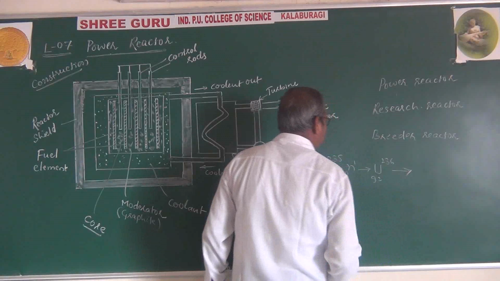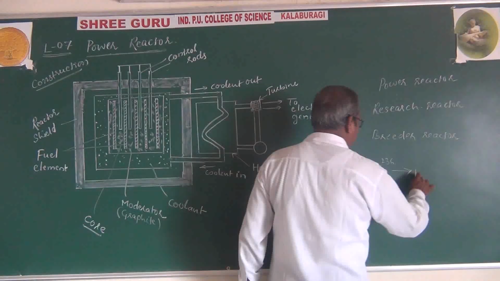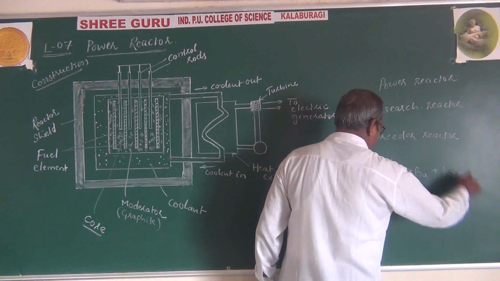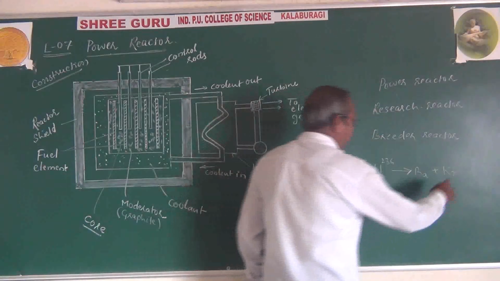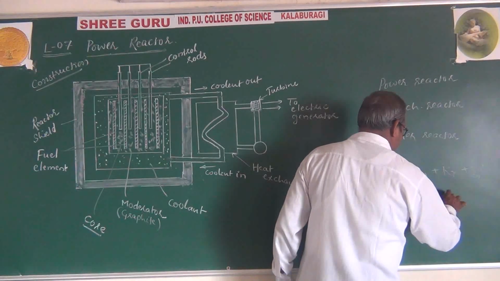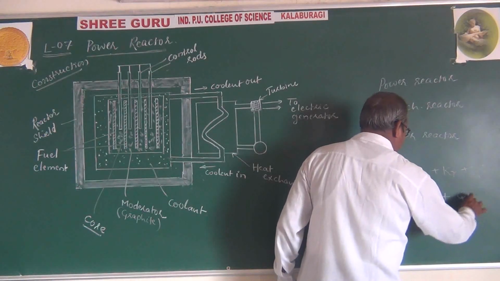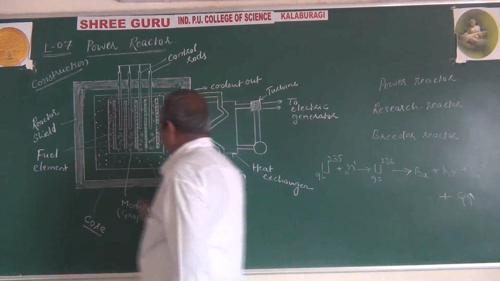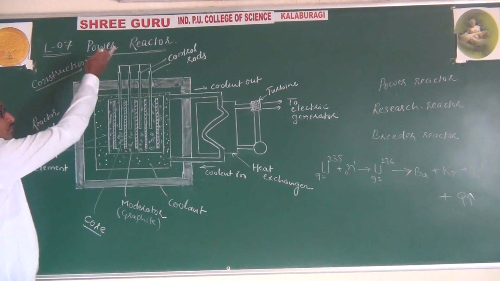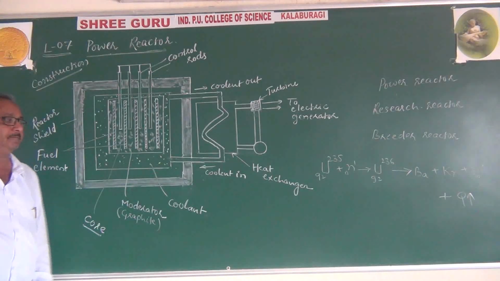Now it splits up into two light nuclei, for example barium and krypton, plus a few neutrons. For example, 3 neutrons will be released along with an enormous amount of energy. That reaction will take place whenever these control rods are taken up.